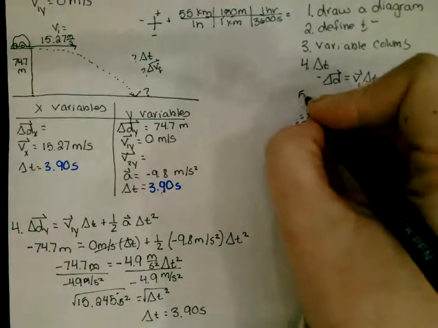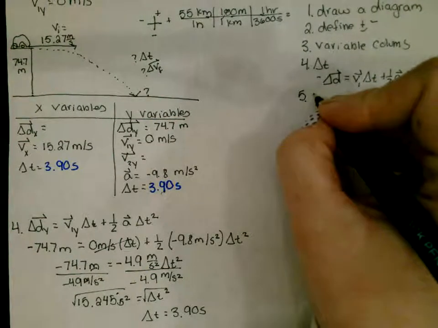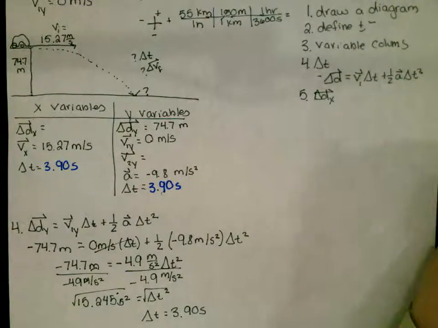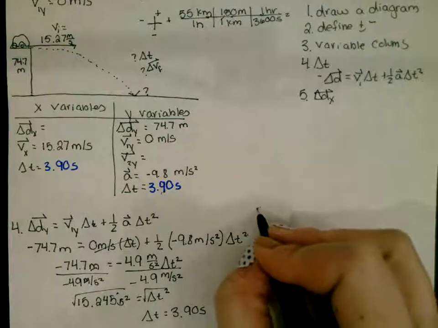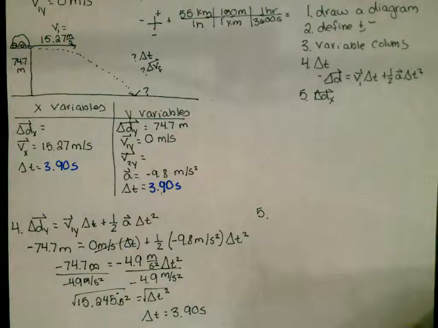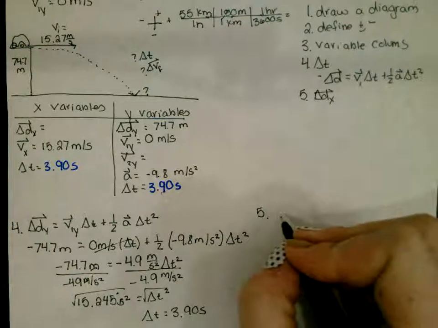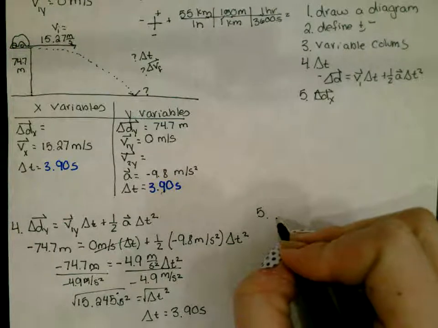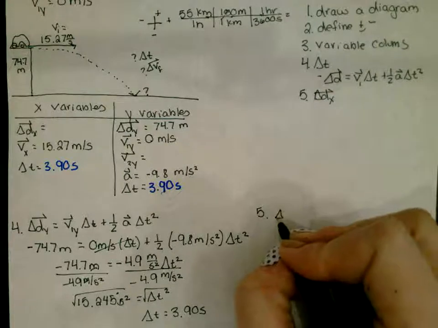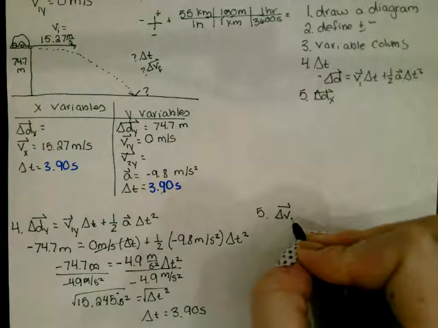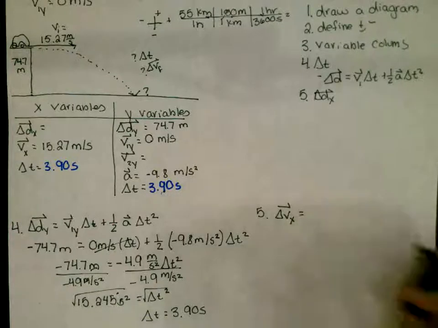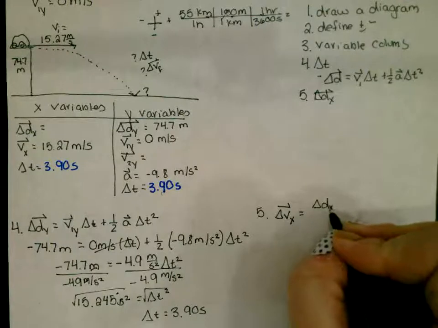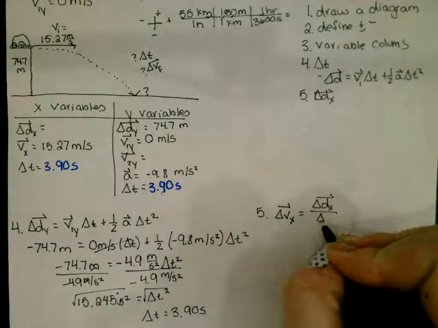So my next step is going to be to solve for my range. So velocity equals my displacement of x over my change in time.